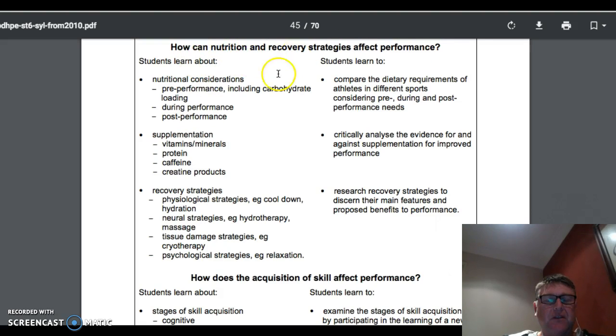That's the critical question you are looking at and understanding here. The nutritional considerations, we're looking at pre-performance, including carbohydrate loading. So the emphasis is on this part of the dot point, pre-performance, and we're looking specifically at carbohydrate loading.